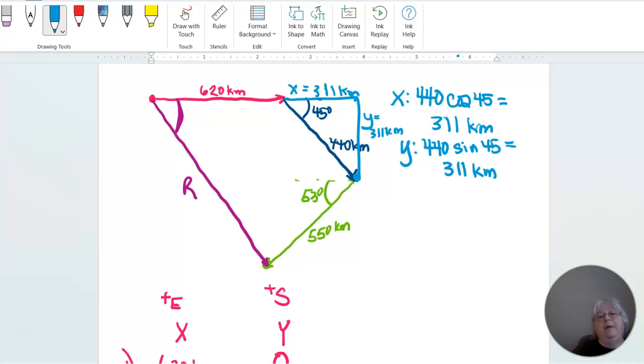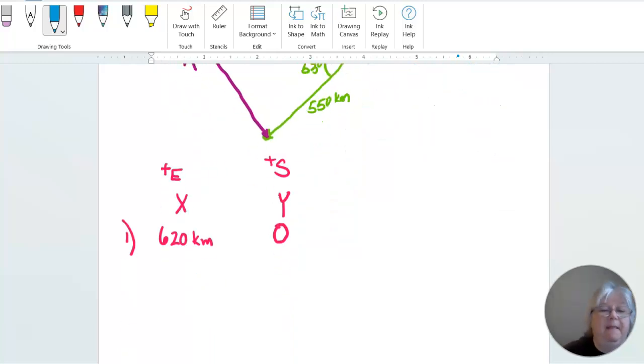So I know now my x is 311, my y is 311. So far my ship has traveled 931 kilometers to the east of where it started, and 311 kilometers to the south of where it started.